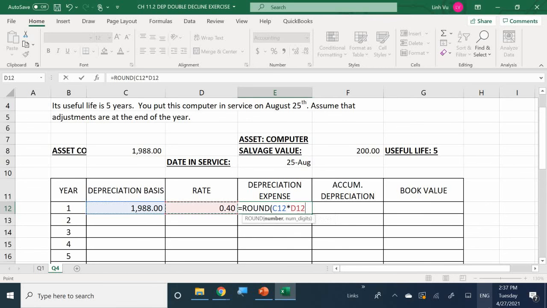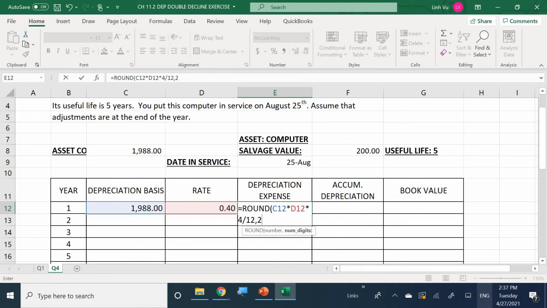Here I'm doing the basic one first, which is the depreciation basis times the rate. I know for a fact that my asset is 4 months old, and I'm going to divide that whole thing by 12 because that's out of the 12 months. It's only 4 months.